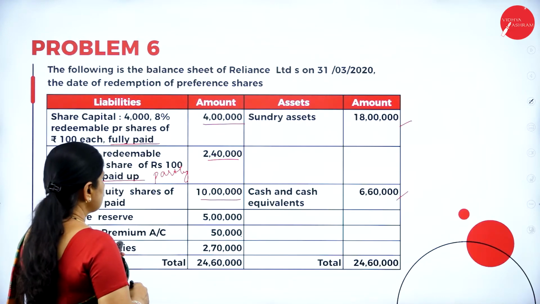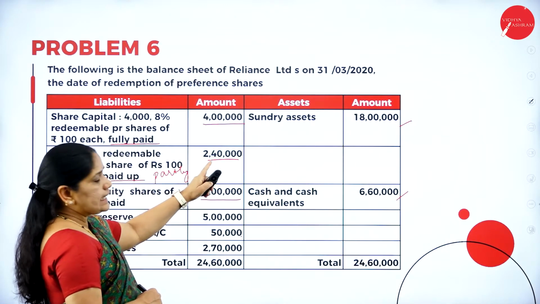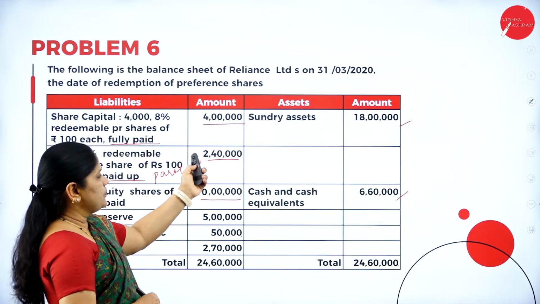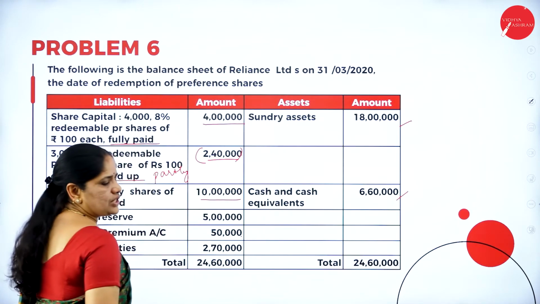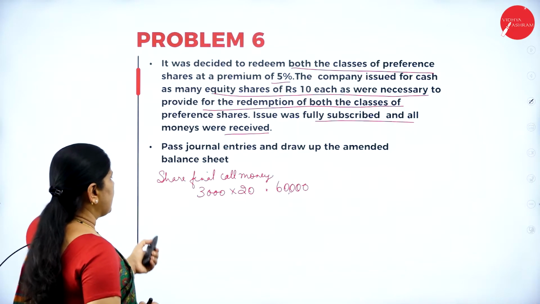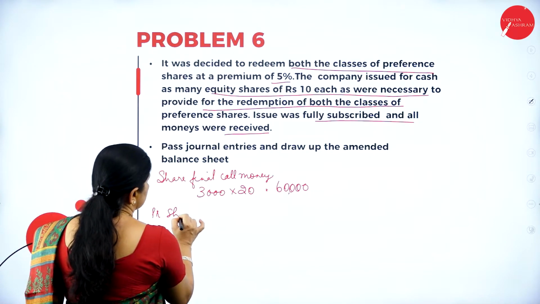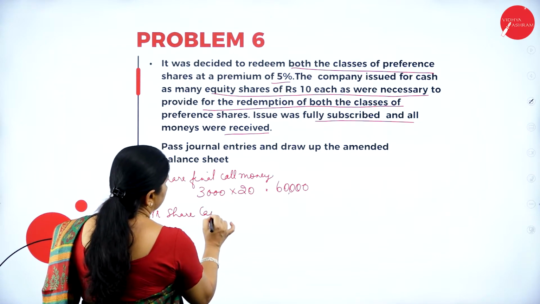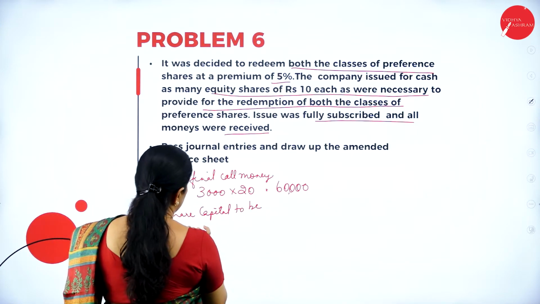Then the next one will be we have to calculate both. So when I collect 60,000, this becomes fully paid and this total will change. So the preference share capital will be 3 lakhs here. 3 plus 4, 7 lakhs. So next will be preference shares, share capital to be redeemed.